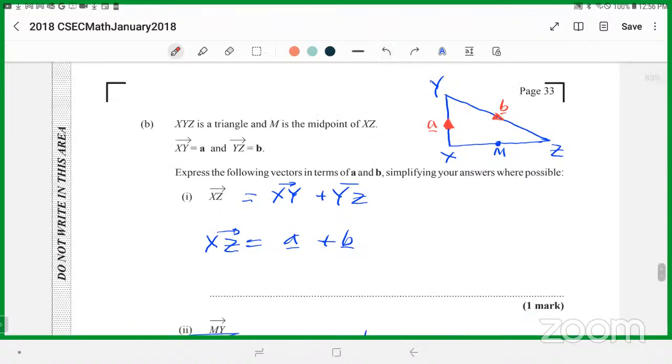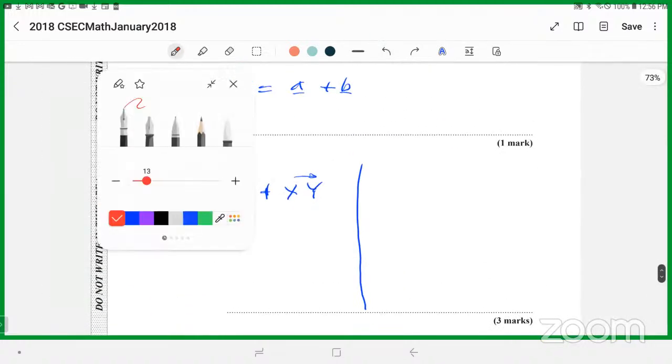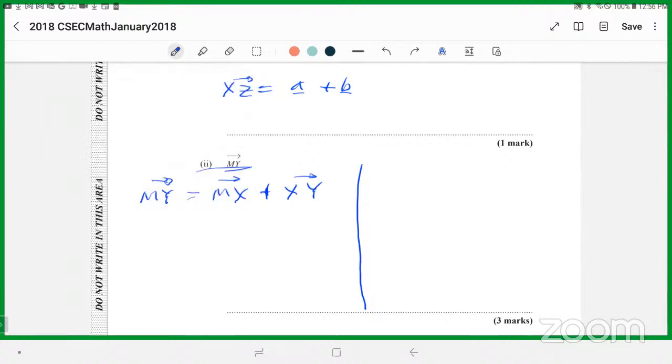So let's do the two ways then. The other person said I can go from M to Z, and then Z to Y. Whether I do it this way or this way, the answer must be the same. So let's do it both ways, just to show. What would be the MX? Look at the diagram.